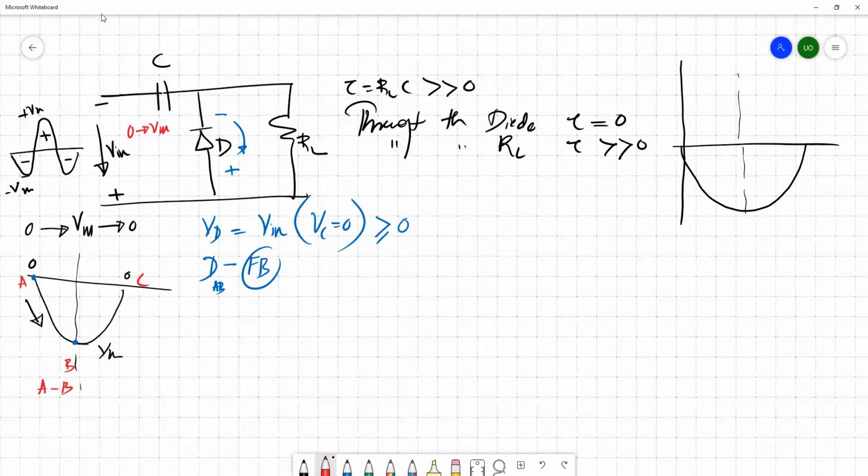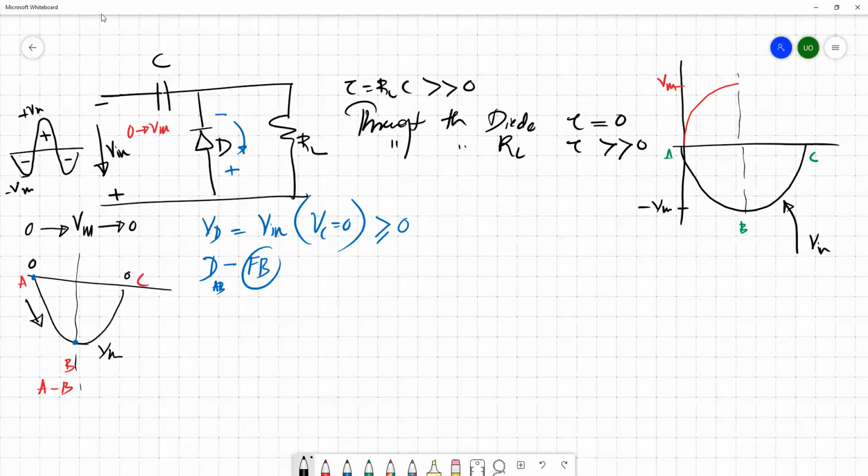So then during that, the capacitor gets charged up to Vm. So this is A, this is B, C. So this is your input, and the capacitor gets charged to its maximum, which is Vm, because we know that the input voltage increases up to Vm.